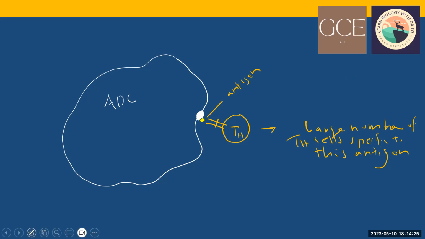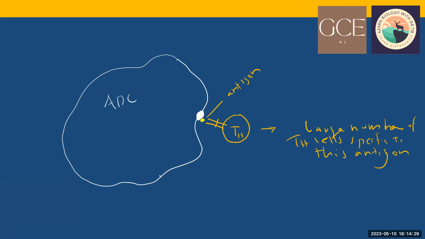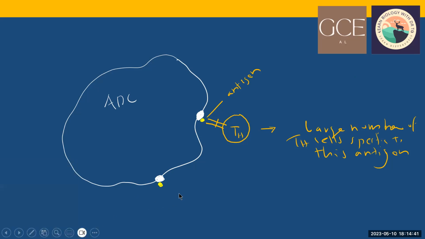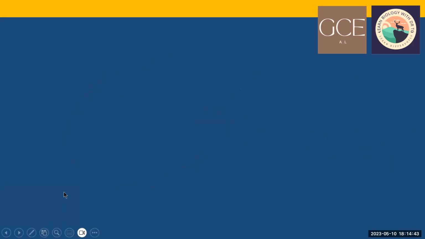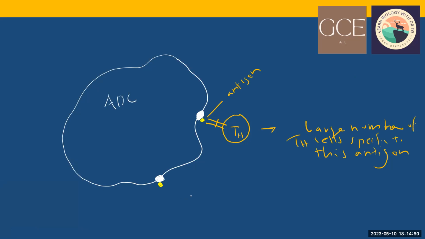Now, the T killer cell can also recognize the same thing, the antigen and MHC. This is a T killer cell, in a different color.